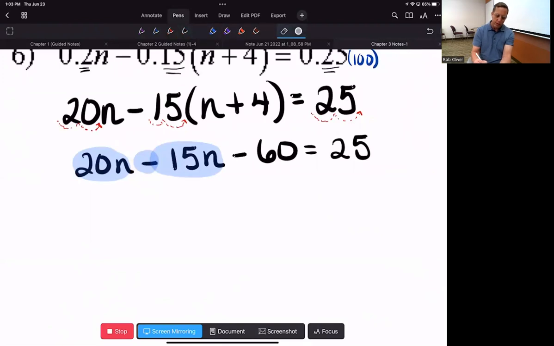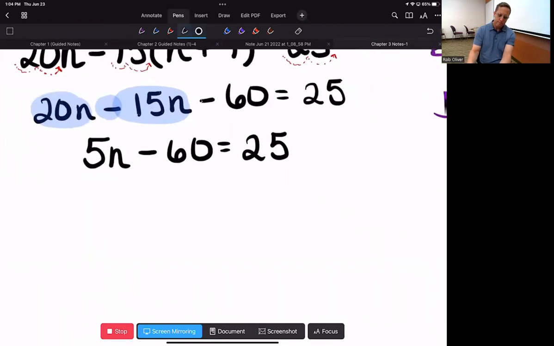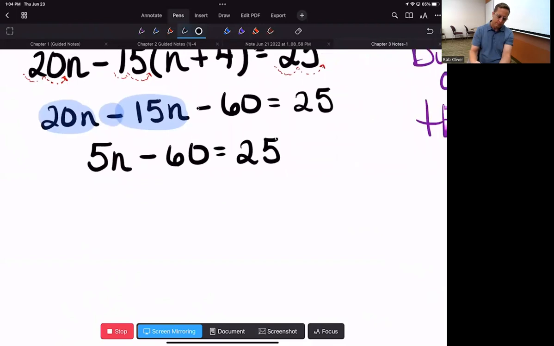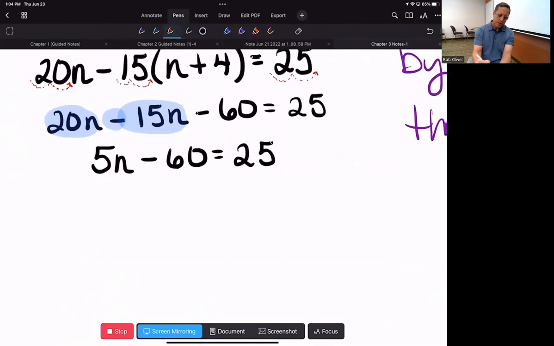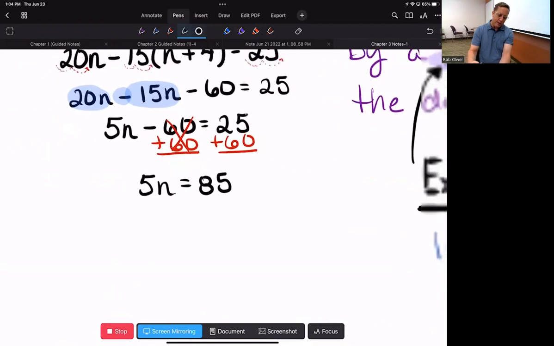That makes 5n minus 60 equals 25. Then we're going to add 60 to both sides, and now we have 5n equals 85. So we're going to divide both sides by 5.